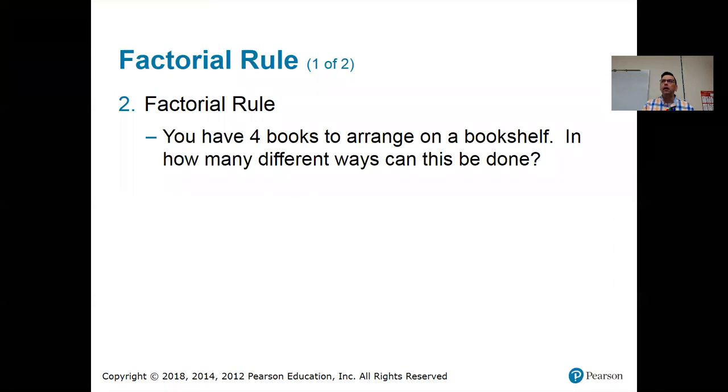Okay. So I go to pick the first book to put on the shelf. Let's say I'm putting them from left to right. So when I go to pick that first book, I have 4 choices. So let's say I pick this one. Okay. Put that on the shelf. I go to pick the second book, I have 3 choices, right?